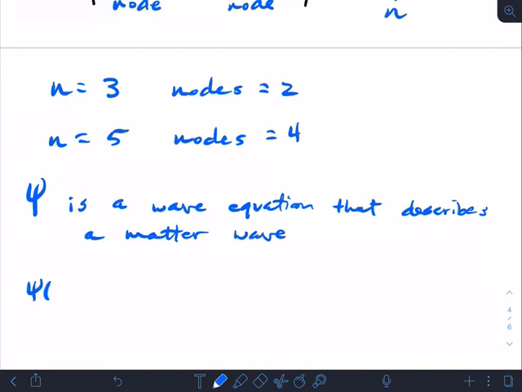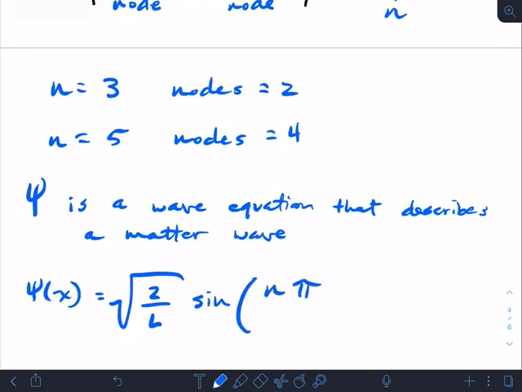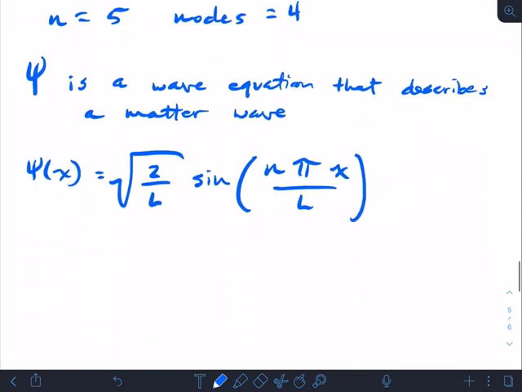To do that, I'd say psi as a function of x equals the square root of 2 over the length of my box, times sine of my value of n times pi times my location in the box divided by the length of the box.